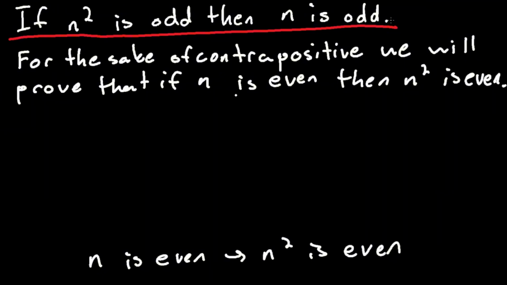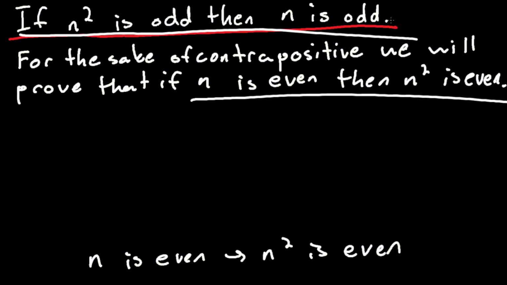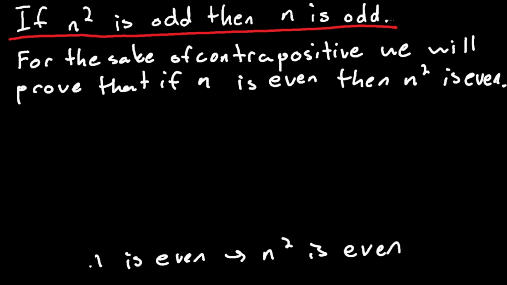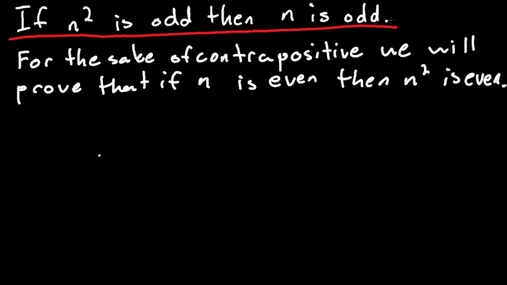And remember, if you prove this, then you also prove the original. Now that we have that written down, we can erase the original statement down there, because we have it in the proof.